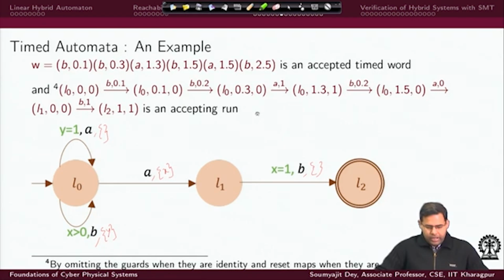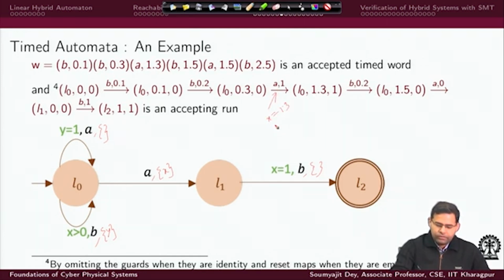And now suppose an A event comes after an elapsing of time equal to 1. At this moment, your x is 1.3 and y is 1.0. So which guard do you satisfy?